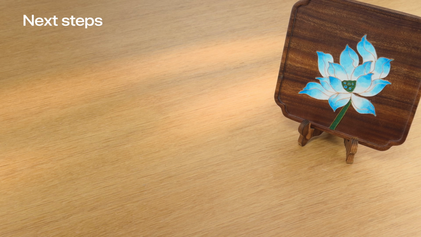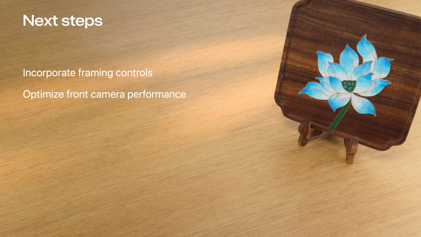Here are some next steps to further improve your app's framing experience. First, incorporate framing controls into your app to support orientation switching, toggles for auto zoom and auto rotate, and Center Stage activation. Second, optimize front camera performance.